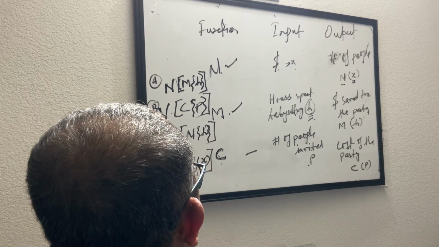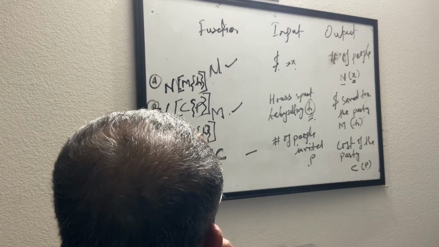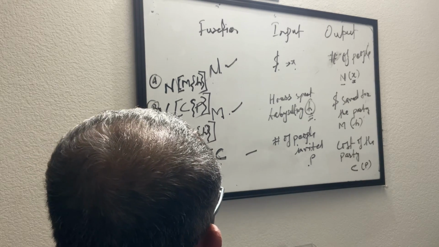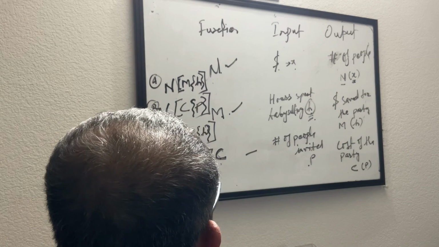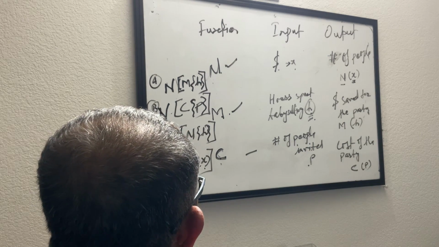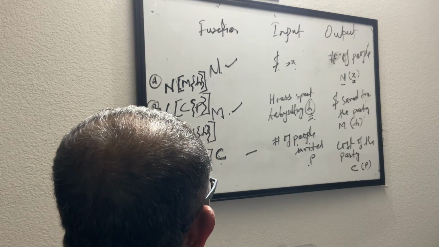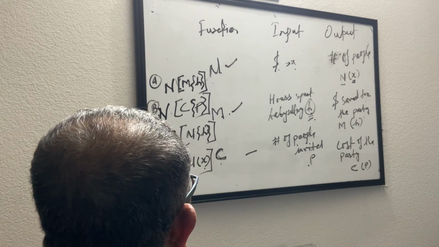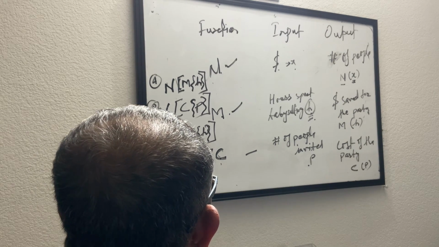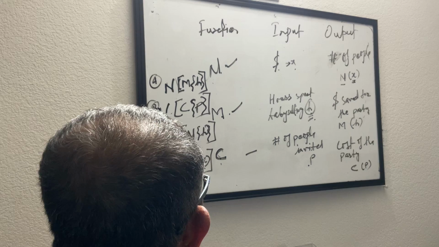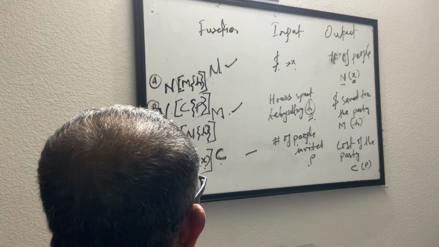Unless you correlate from that, but then that's just weird, that's super complicated. And it's n of c of p, so that means the number of people who come shows the cost of the party.